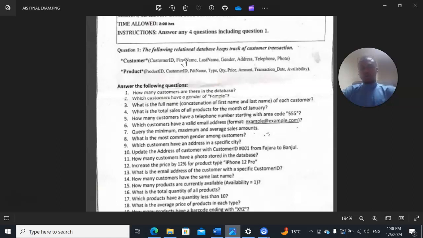Now, the first name is the name of the customer, for example Lamin, Mustafa, Ibrahim. Last name is the surname of the customer.